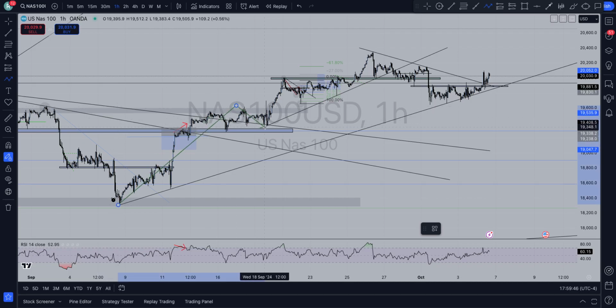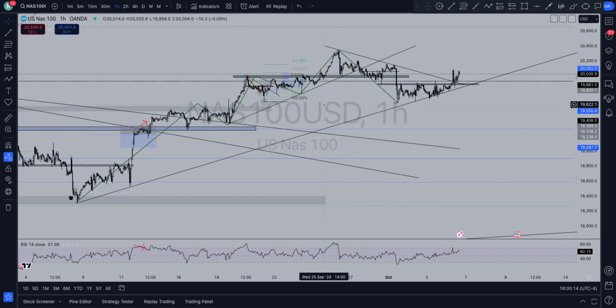We have this correction, and this continuation, this correction, this continuation. And then we broke structure right here. We broke this low point right here, and now we're retesting it. Now we're right here.